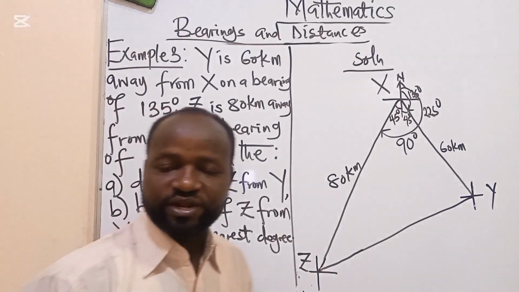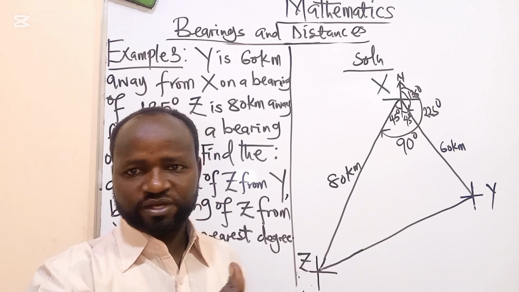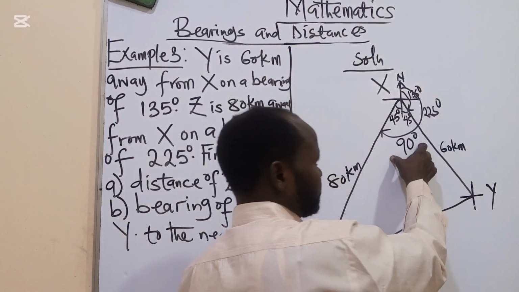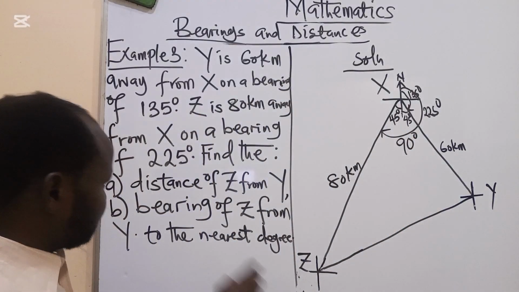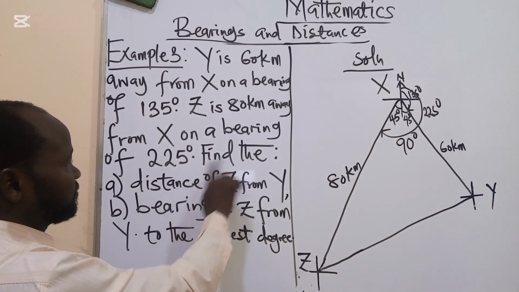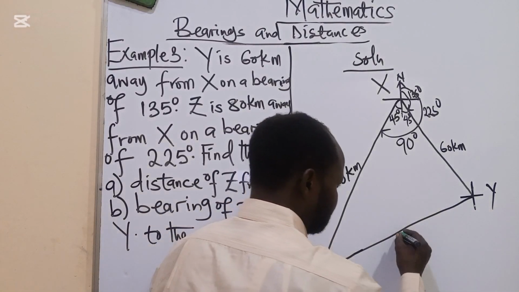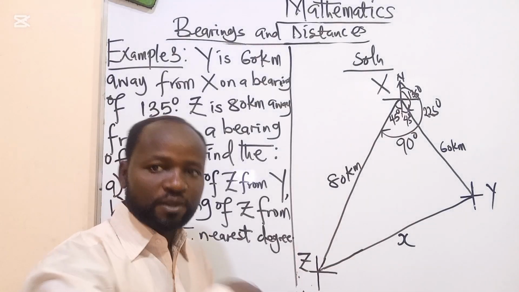And when the resulting triangle is a right angled triangle, to find distance, we can either use the cosine rule because we have the two sides and the included angle given here. We can use the cosine rule to find the distance because we are asked to find the distance of Z from Y, which is this point. So we can either use the cosine rule or we use Pythagoras' rule.